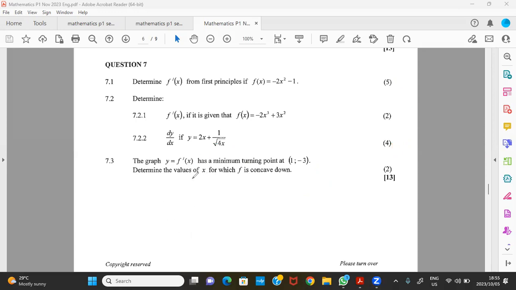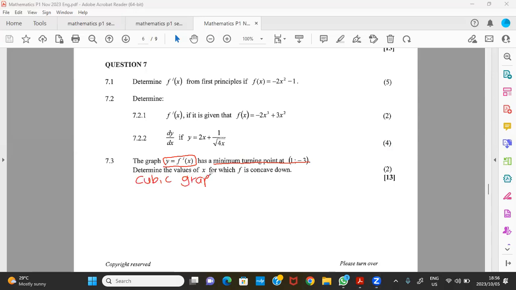Usually, in most cases, when they give you a derivative and tell you that the derivative has a minimum turning point, the original graph is a cubic graph.